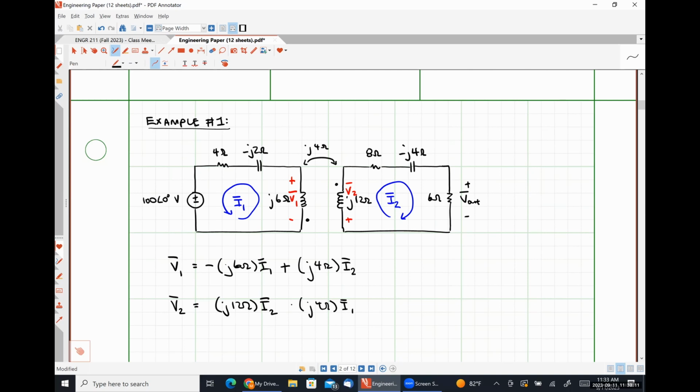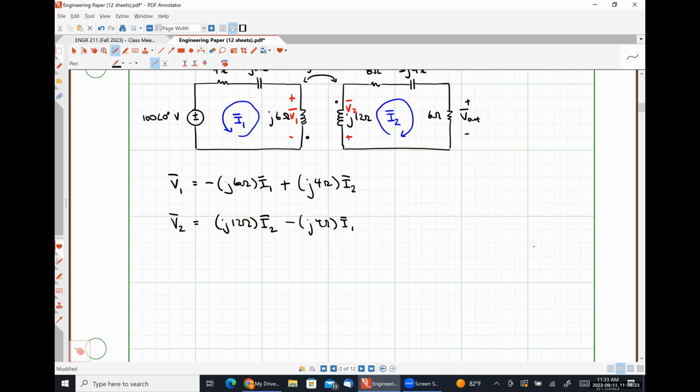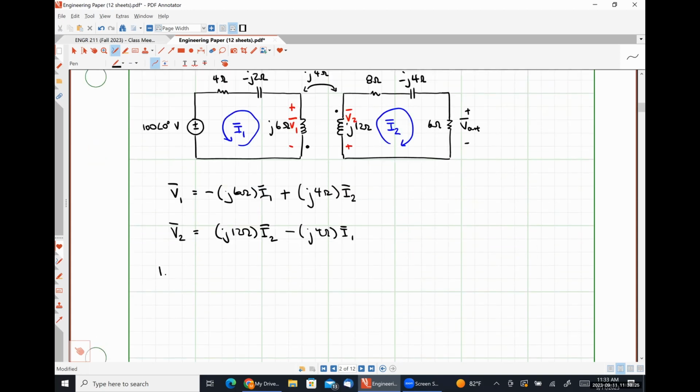Okay. All right. So from here, we are now just going to apply Kirchhoff's voltage law around both of these loops, right? So KVL around loop 1. The first thing I see is the negative polarity terminal. And just add that resistor and capacitor together.